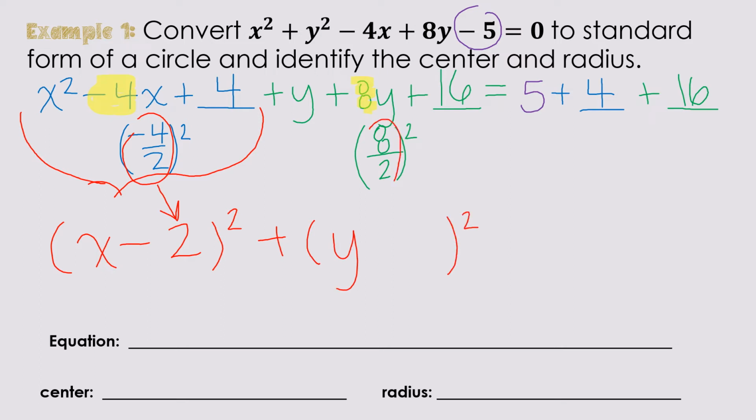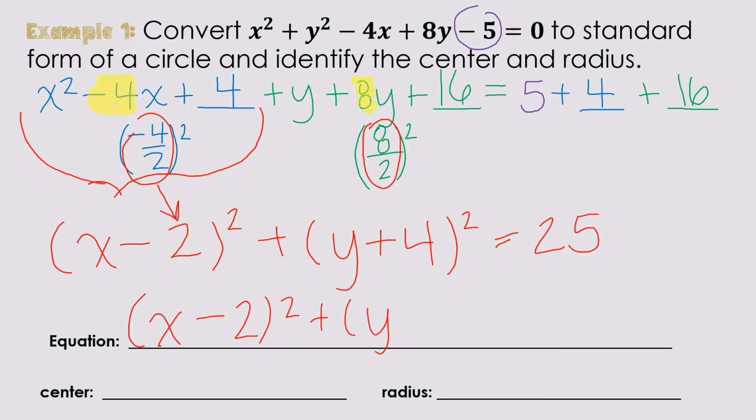To find that number, we look at our b value, which was 8, and we half it, so that was positive 4. On the right side, we add 5, 4, and 16, which is 25. At this stage, this is that standard form that we practiced writing the previous day.